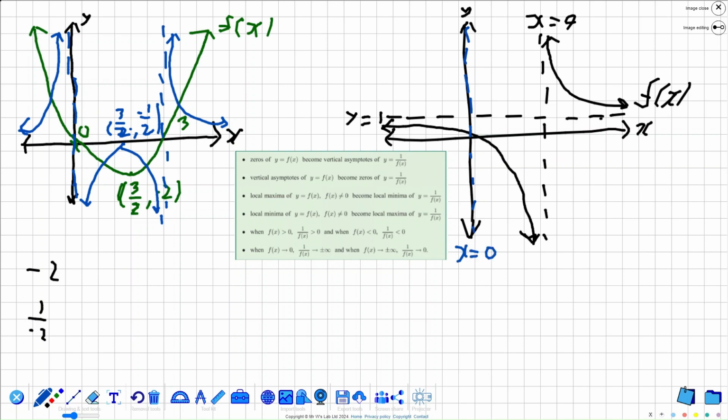And we don't have any more zeros, but what we do have, which is a little bit different, is we do have a vertical asymptote at x equals 4. And don't mind the horizontal asymptote here, because that applies to both the normal and the reciprocal of the function. So what we can do here is, looking at this, vertical asymptote becomes a 0.